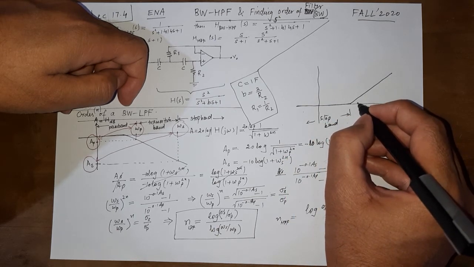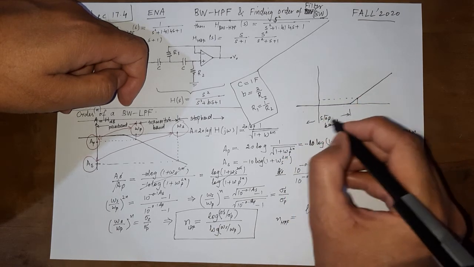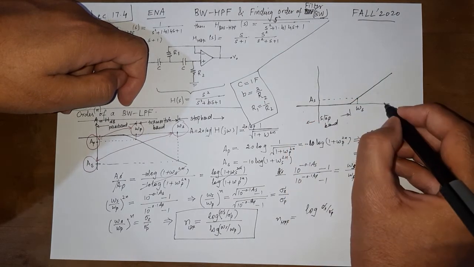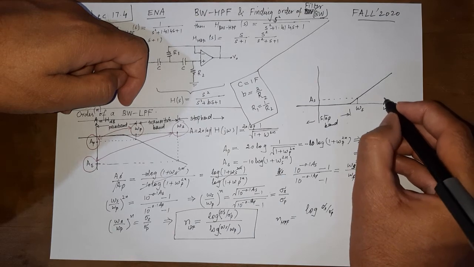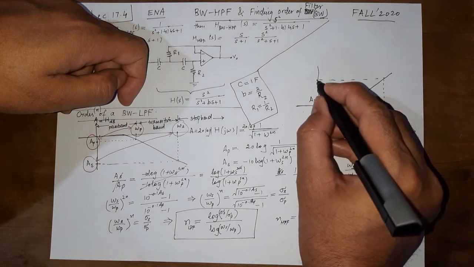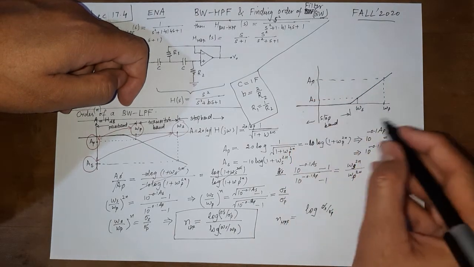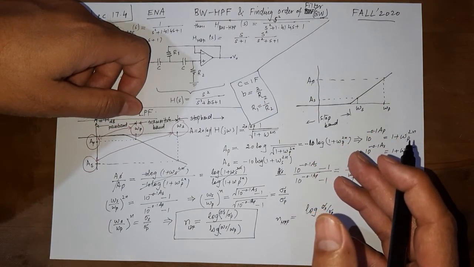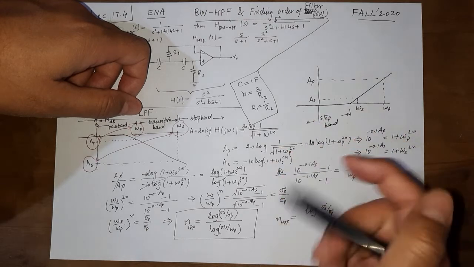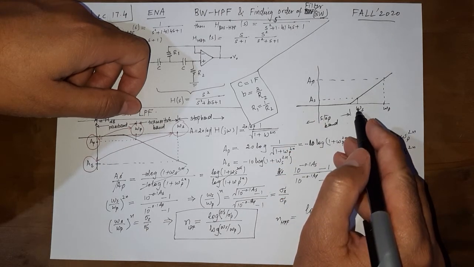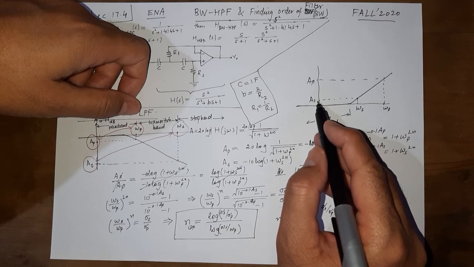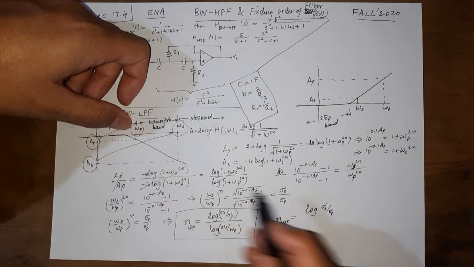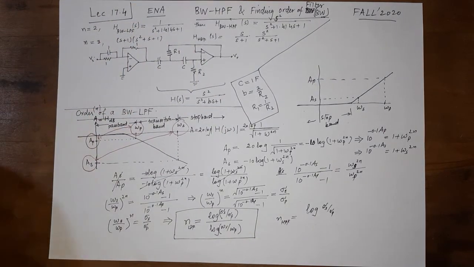Because this is the stop band, we have this omega s and this is As, and some higher frequency would be defining the pass band. So for this case, we will see that the smaller value has the smaller As. Here the larger value had the larger As, though on the negative side.